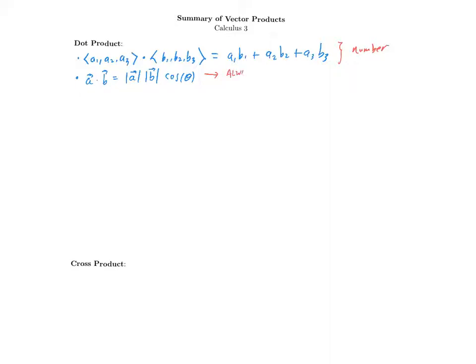So we always use this to find the angle between two vectors. Even though there's a corresponding similar formula for the cross product, this is the formula we will use to find the angle between vectors. It works out much more conveniently.